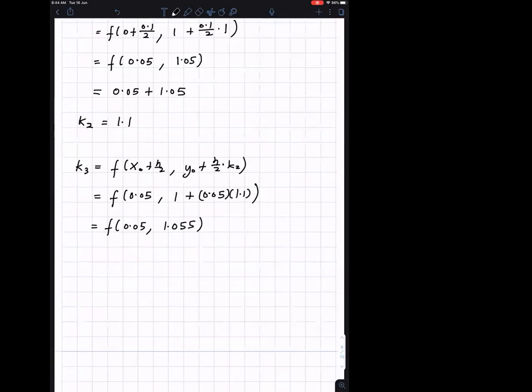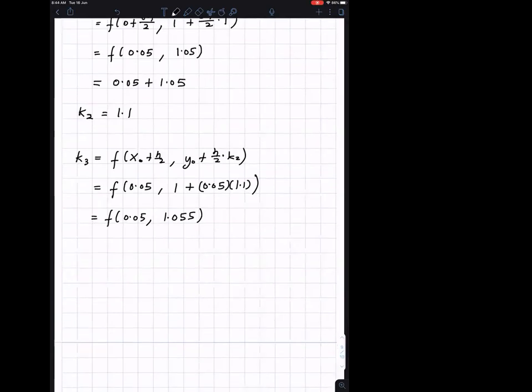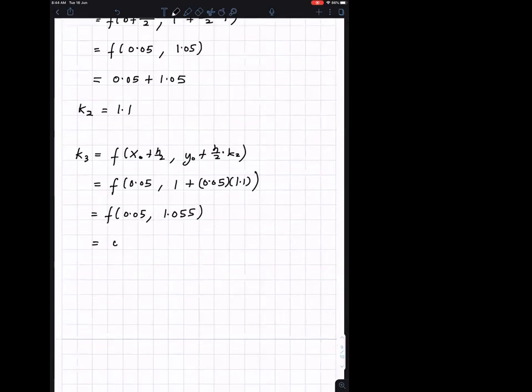So you found your X and Y values. Now you plug that into the differential equation. It's going to be X value is 0.05 plus the Y value. This is a linear equation. It's quite straightforward to evaluate this.